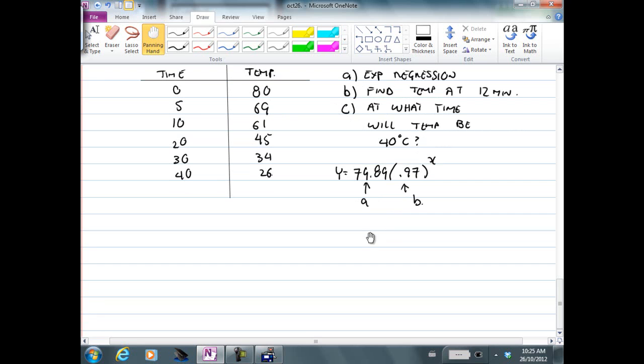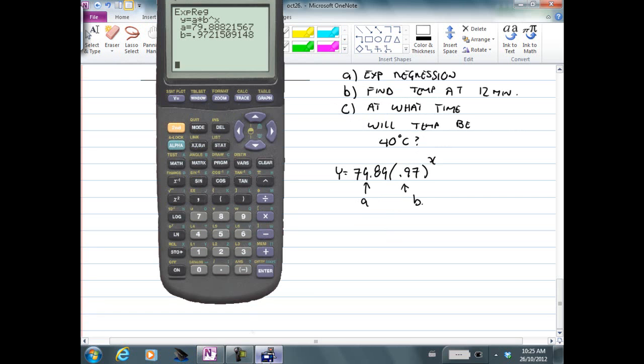Now, it says find the temperature at 12 minutes. See, x is my time. I just plug it into my calculator right now. So we can just plug this in. I go second quit. Clear all this stuff out. 0.97. Make sure you hit exponent first.